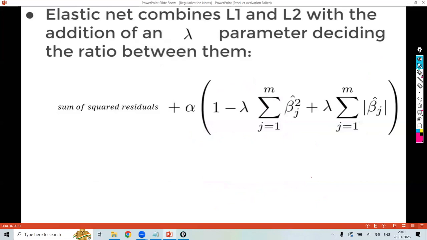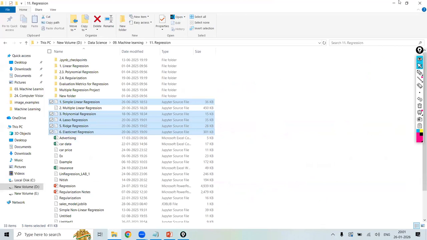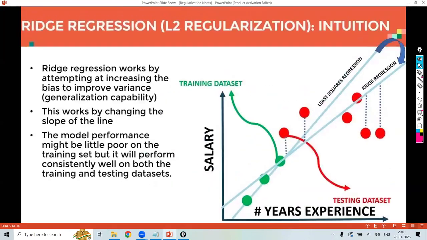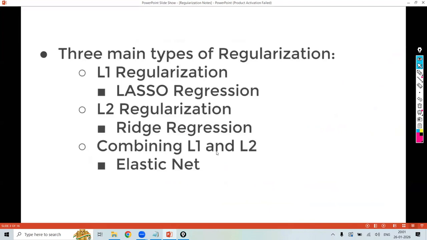Clear, guys? Now, the next one will come into the picture. That is nothing but a combination of both L1 and L2. The third one is combining L1 and L2. So, what is L1? Sigma of (y minus y hat) whole square plus alpha of modulus of slope. What is L2?